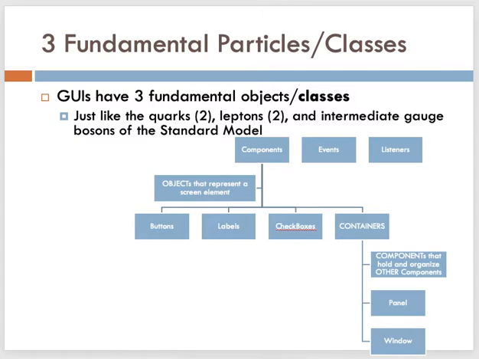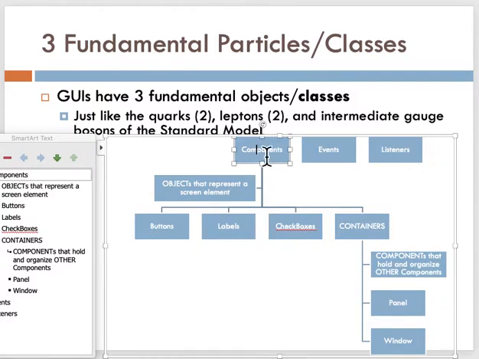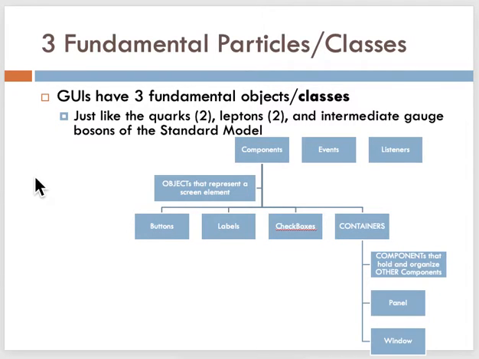In the same way, there are three fundamental objects, or more precisely, classes, that are fundamental to building up any graphical user interface in the context of Java, and especially using the Swing framework. Those three components are components, events, and listeners. Those are the things that all Java GUI stuff is built off of.